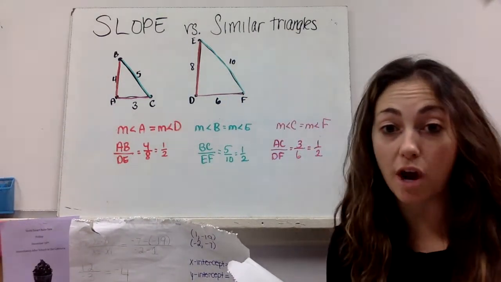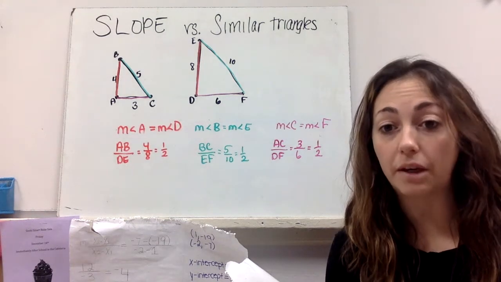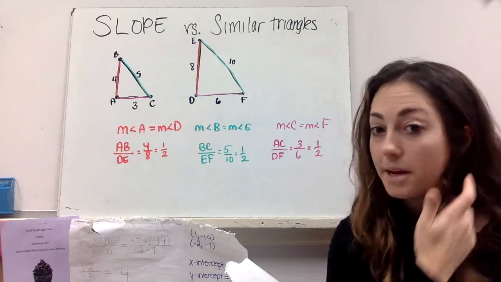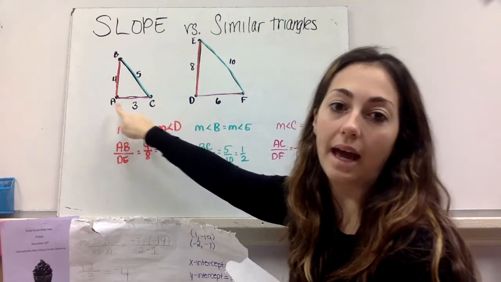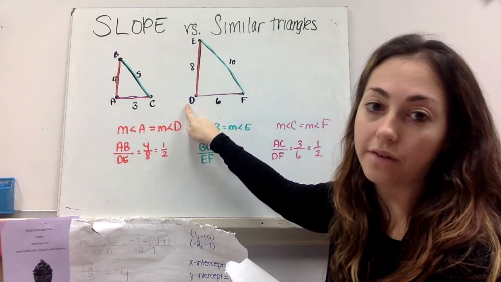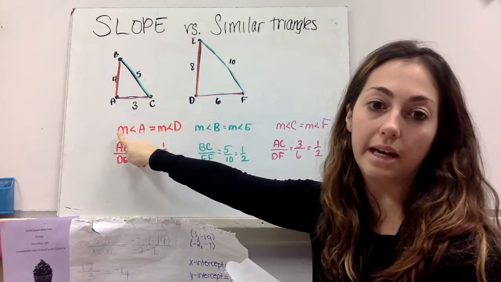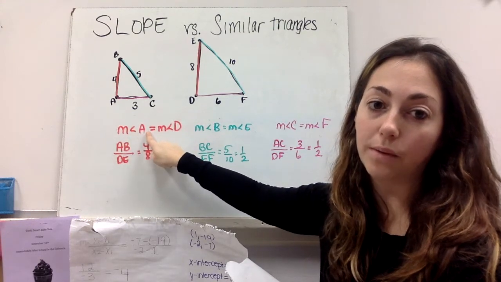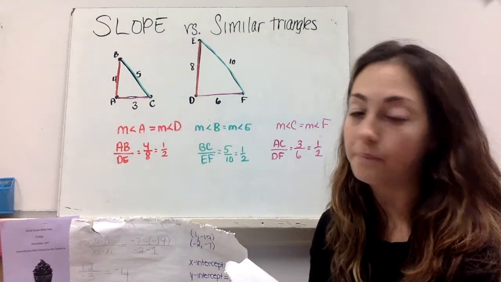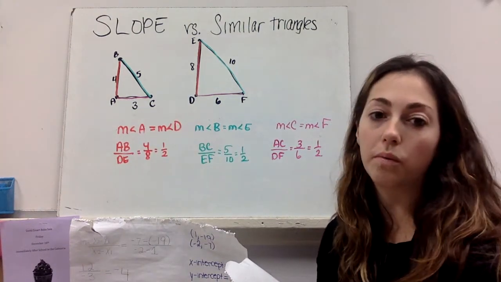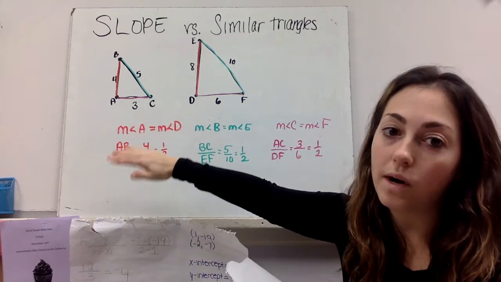to similar triangles. So when you have similar triangles, the angles are equivalent, the measurements are equal. So, for example, the measure of angle A is equivalent to the measure of angle D, right? And that's what this is saying here. So if A is 90 degrees, so is D. And then what we're doing here is comparing the same ones to the same ones.